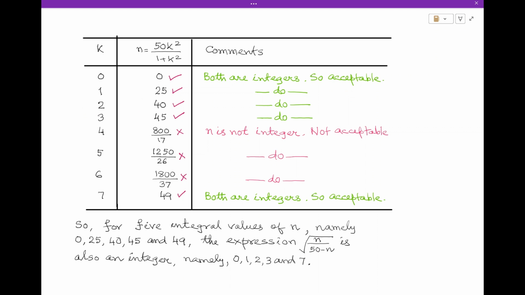Both these values are integers, so both are acceptable. However, the next three values of k, that is 4, 5 and 6, produce non-integral values of n, and these are not acceptable.